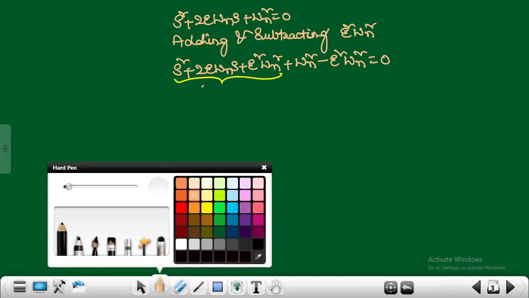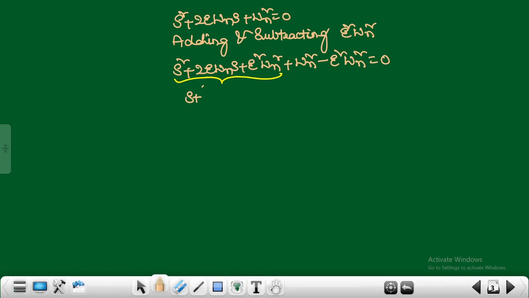So what is this? s plus zeta omega n whole square, plus in the second part we can take out omega n square as common, then we can write 1 minus zeta square, is equal to 0.